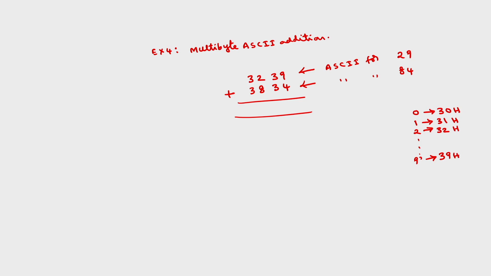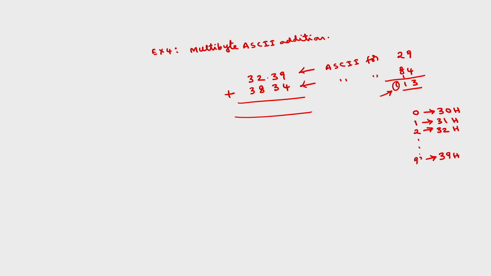So the actual addition will be 29 plus 84, which should be 113, where the 1 is the carry flag. So the correct expected result will be 13 in ASCII.